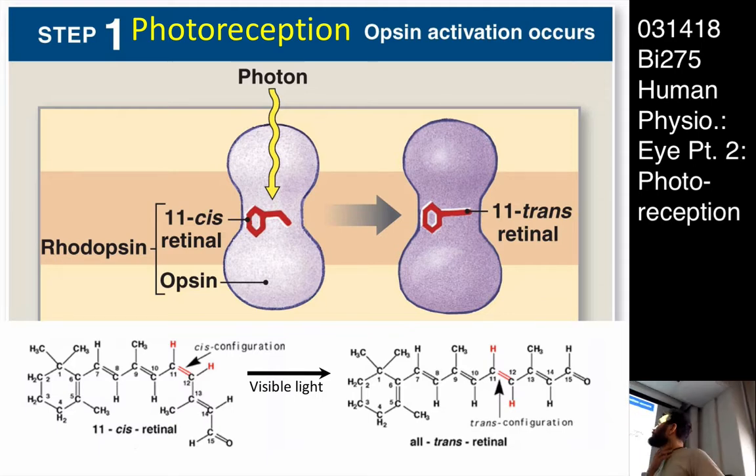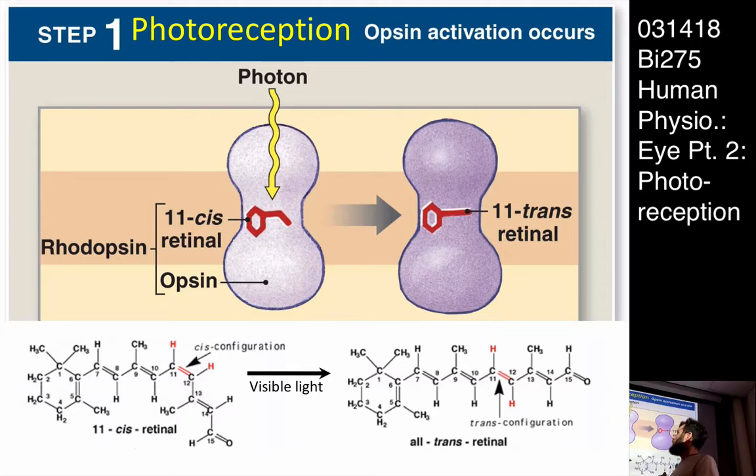The photon comes in and gets absorbed by retinal. Specifically, which retinal? 11-cis retinal. I said that it was a conjugated pi system. Does anybody not fully understand what I mean when I say that?